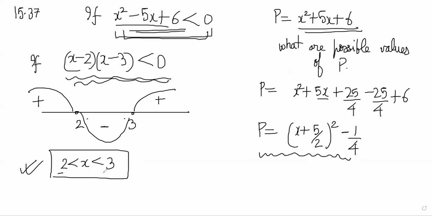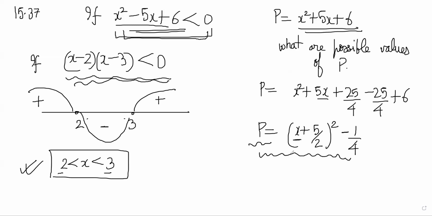And x lies between 2 and 3. So it is clear what the values of p will be. If you put 2, it will be some value. If you put 3, it will be a bigger value. Do you understand what I'm saying?